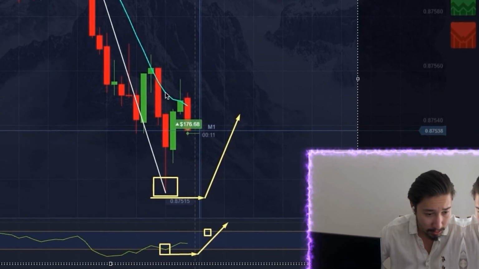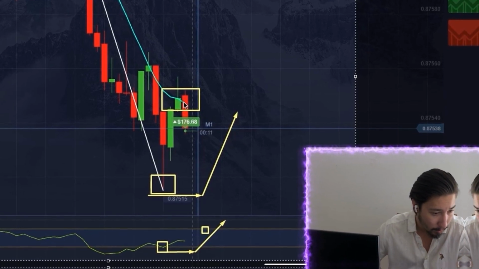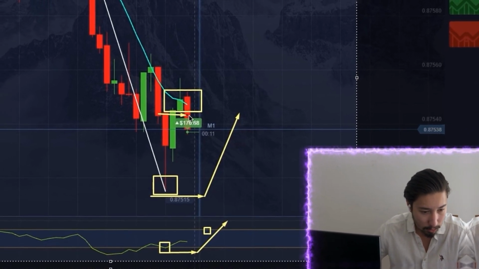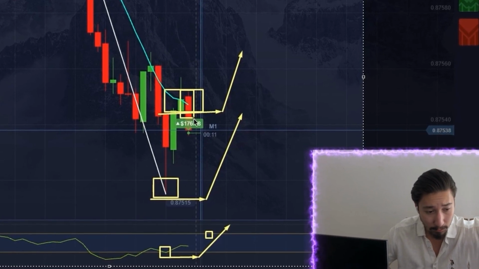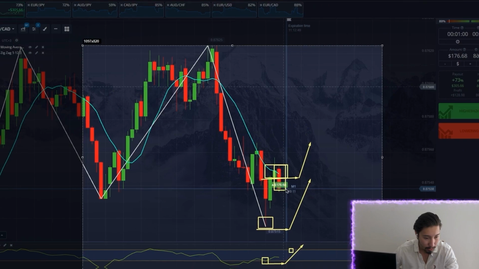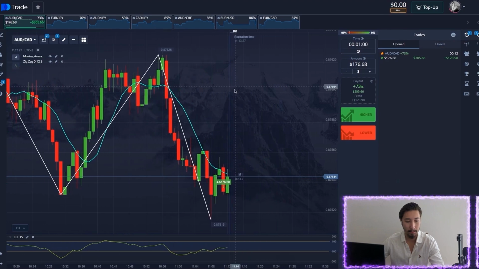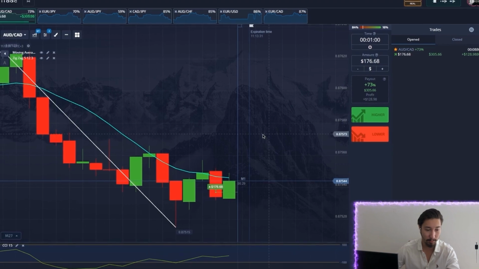here the first intersection was from top to bottom, right? That is, if we don't look at this red candle, we look at the green candle. The intersection was also from top to bottom, and then we were shown a pullback in the form of this candle. And actually, on this pullback, we opened a deal for a long, since our first intersection here was top to bottom.